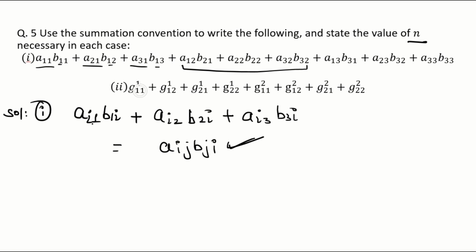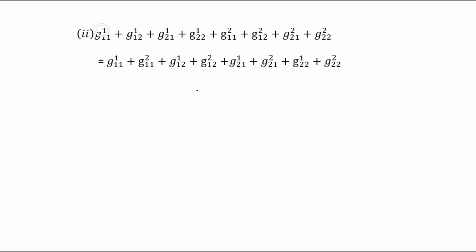For the second part, what we have is g11 superscript 1, then g12 superscript 1. I have written it here. As you can see, here we have subscript 11, 12, 21, then 22, then here we have 11 again. The first term and this term have the same subscript, so I am combining these two.